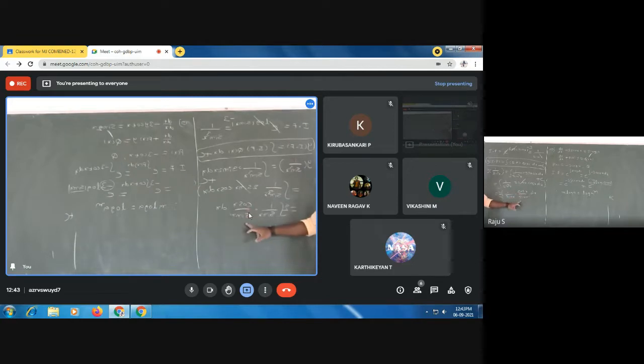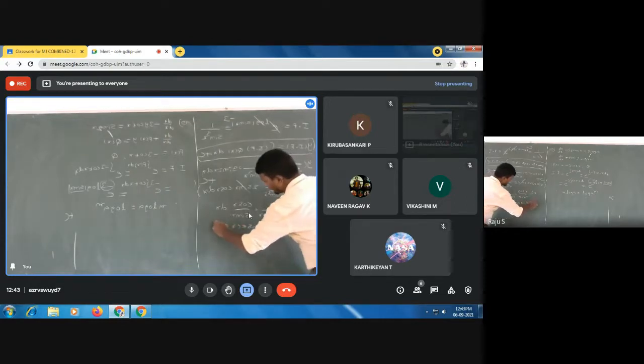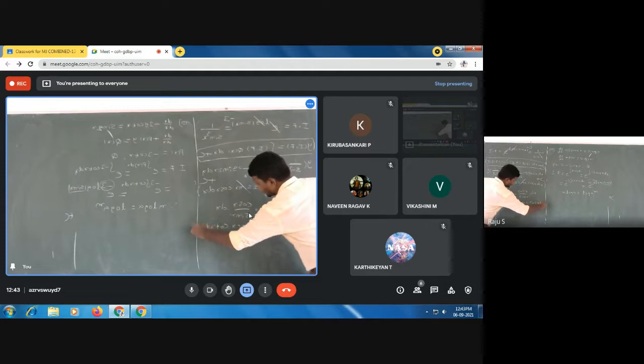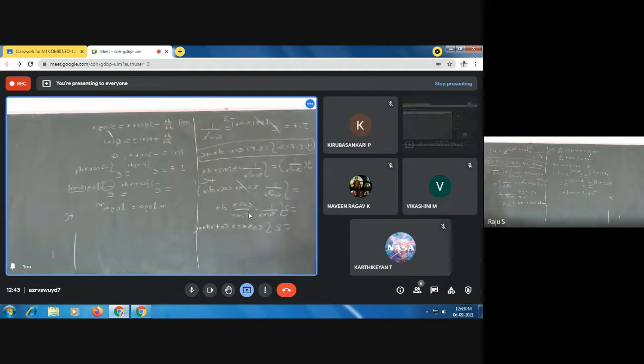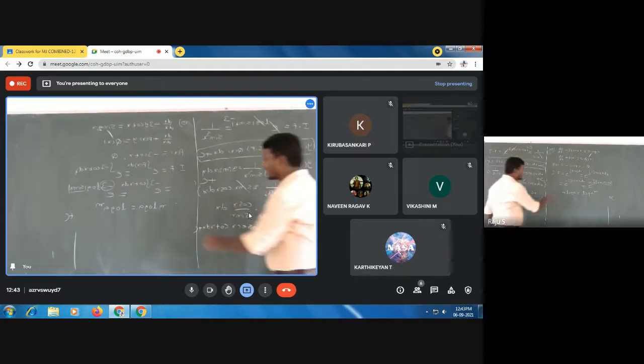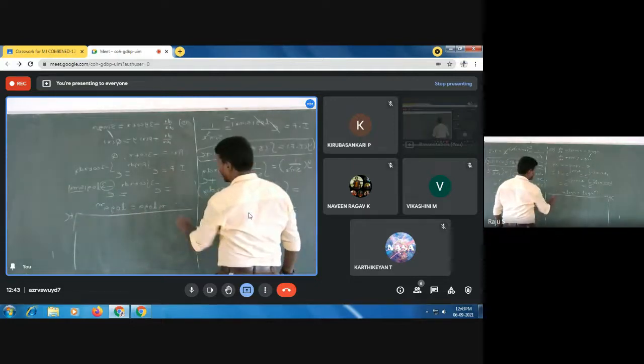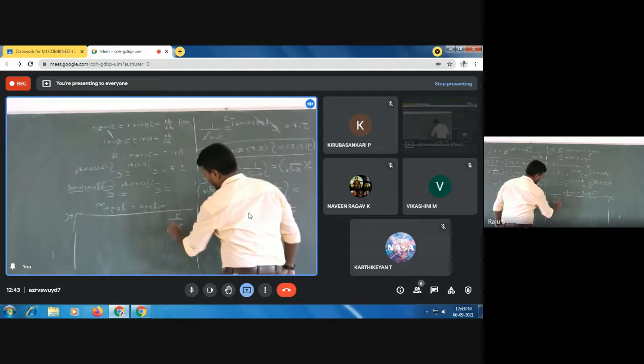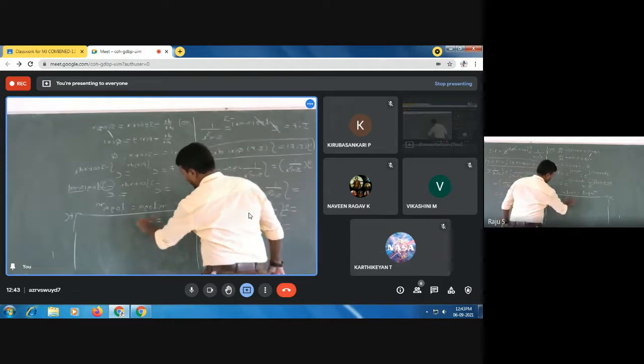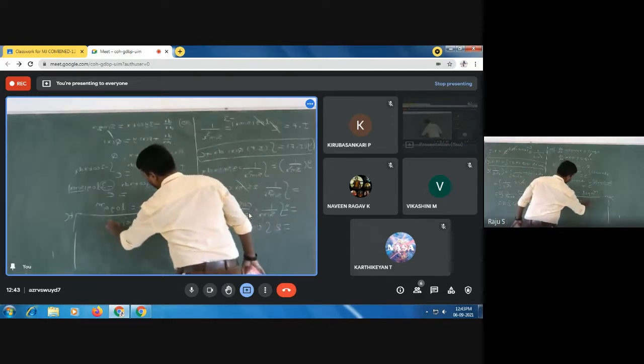Cos by sin is cot, 1 by sin is cosecant. So 2 times the integral of cosecant x into cot x. Directly it is a formula. So y by sin cube x is equal to minus cosecant x plus c.